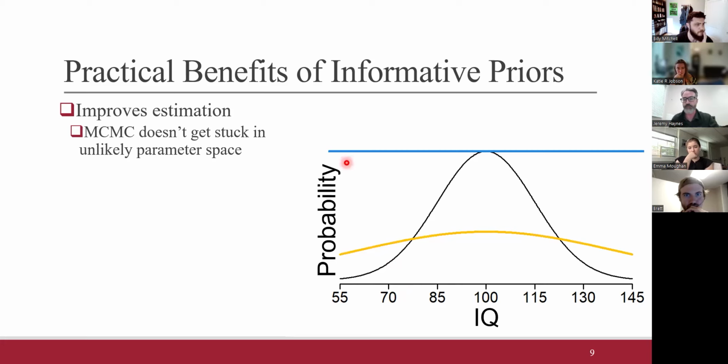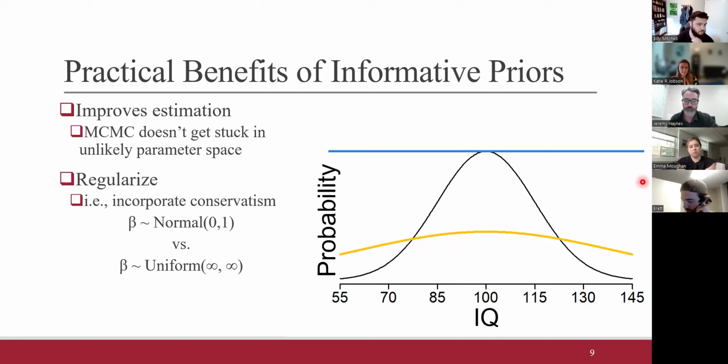So for example, if we use a uniform prior, it's possible our MCMC might get stuck in this region that's pretty unlikely, that we know. But if we have just a weakly informative prior, we can help gravitate the estimates that we're drawing in the MCMC to be a little bit closer to this mean of 100. Again, we're not stating it with a high degree of confidence. We're just kind of helping the MCMC not get stuck in some of these weird places.